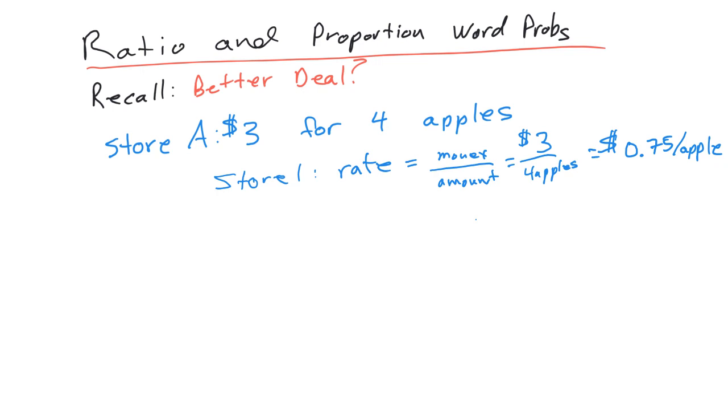So imagine that I have store B here. And store B basically has $4 for 3 apples.